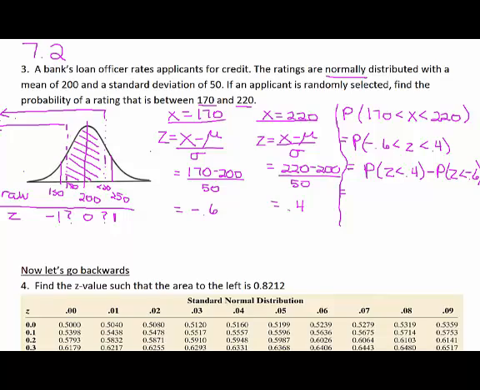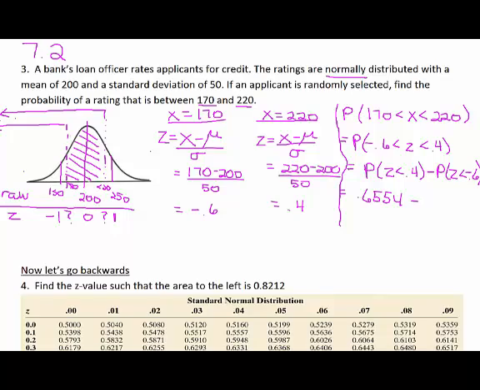If z is less than 0.4, that's 0.40. So go on the side to 0.4, and then the first column, because that would be 0.40. So I just got 0.6554.